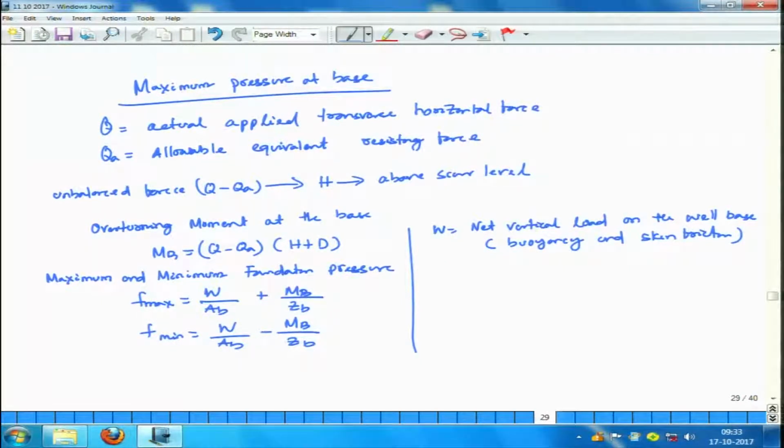AB is your area of the well base, ZB is your section modulus of the well base, which is equal to IB by D.